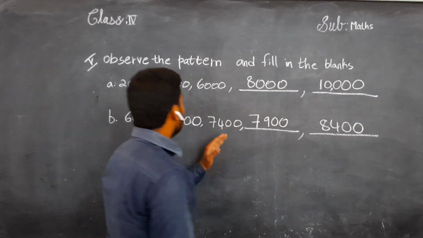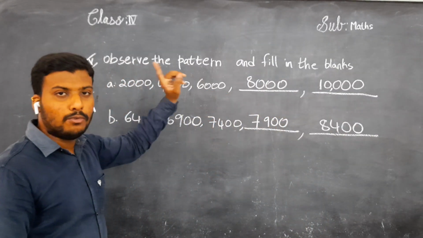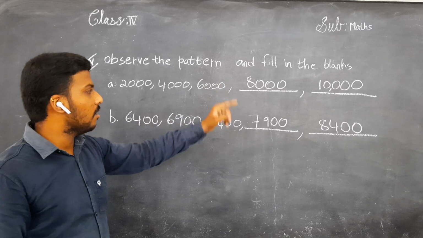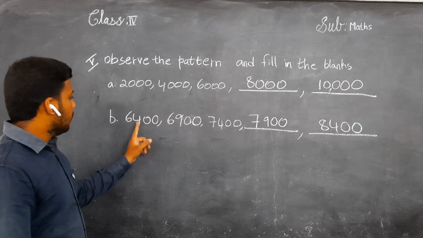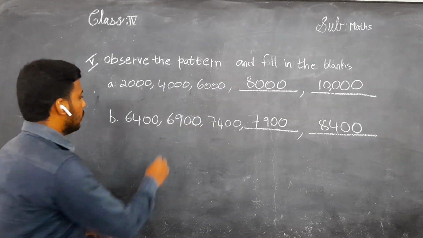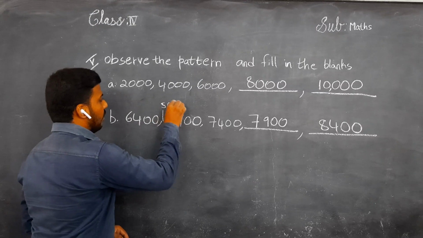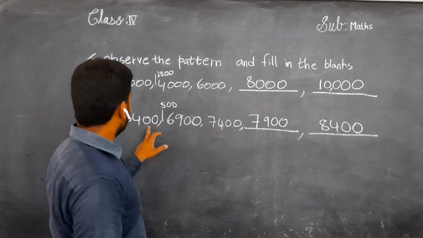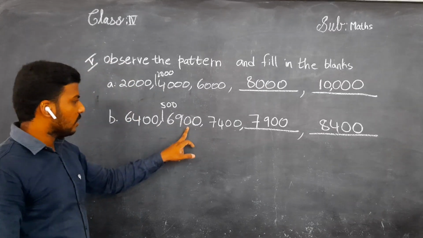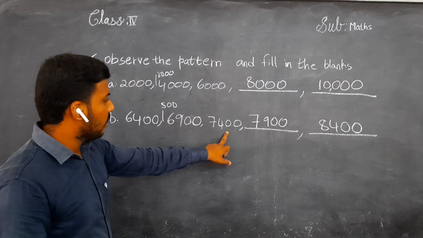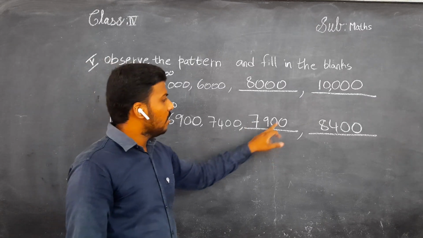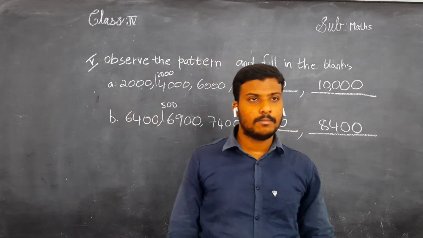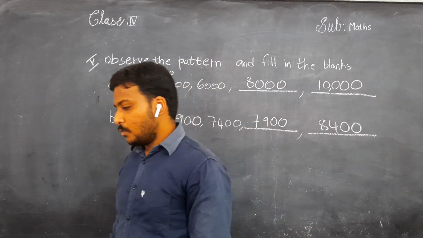See, children, in the first one there is a difference of 2000 between each and every number. But in the second case, there is a difference of 500. Here there is a difference of 2000. 6400, 6900, 7400, 7900 and 8400. We will discuss the last one.